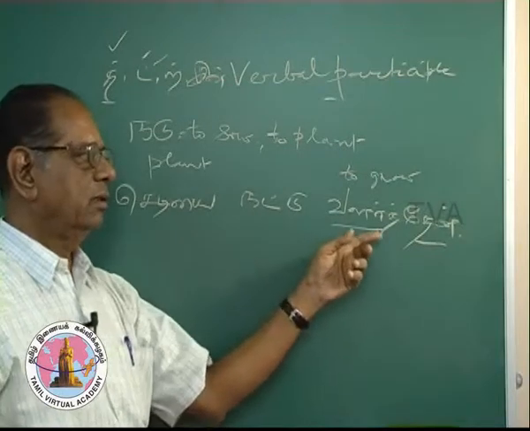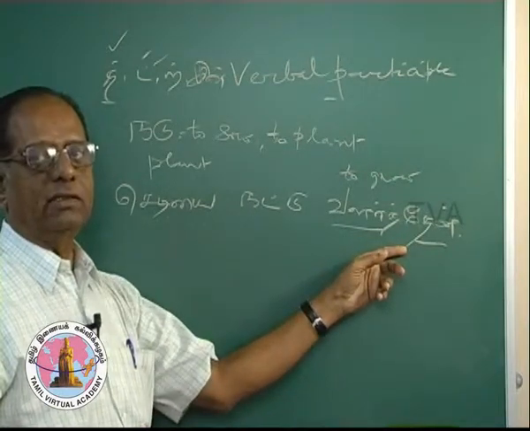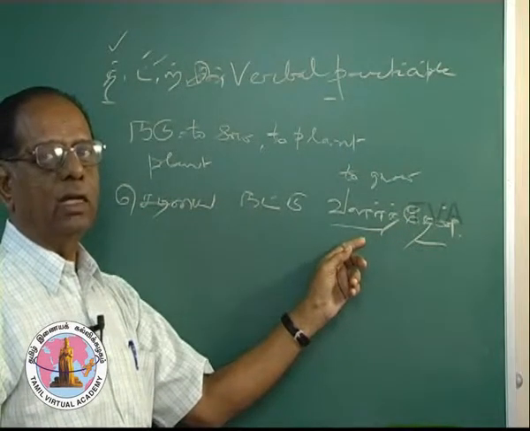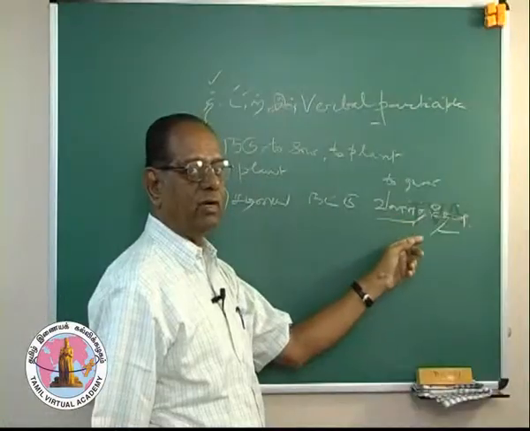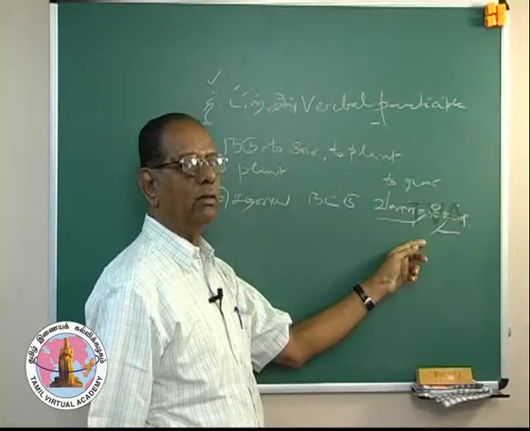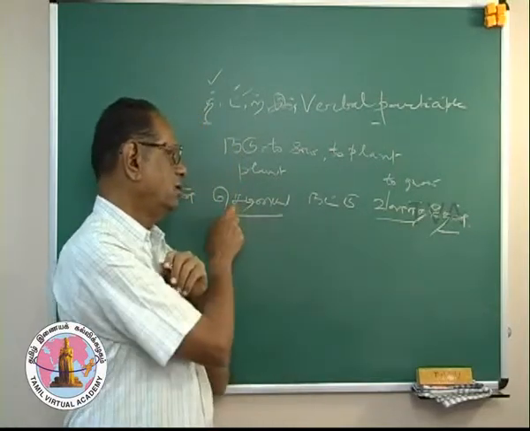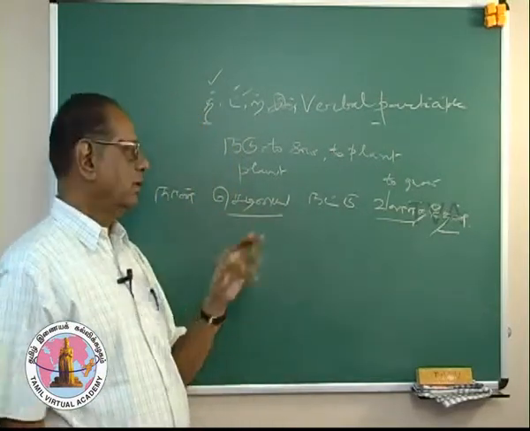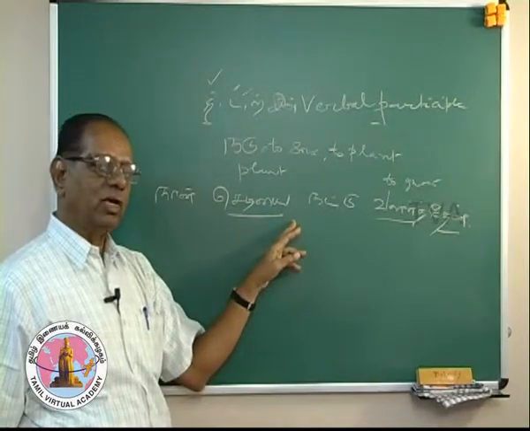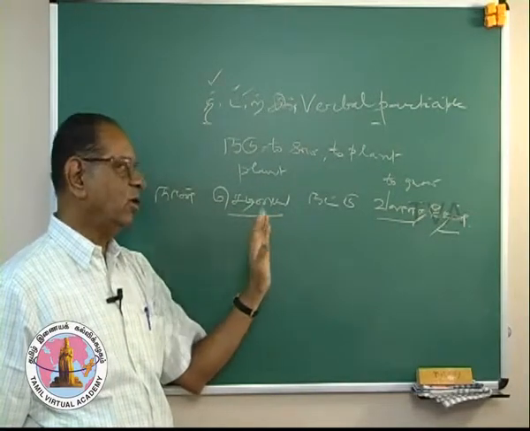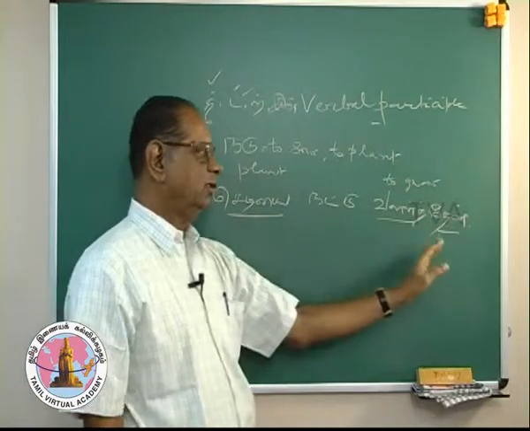That's why this tha in the past tense has been doubled. It is a transitive verb, so we must have an object. This is the object. This carries the second case, accusative case. So this is the object. So naturally this is a transitive verb.